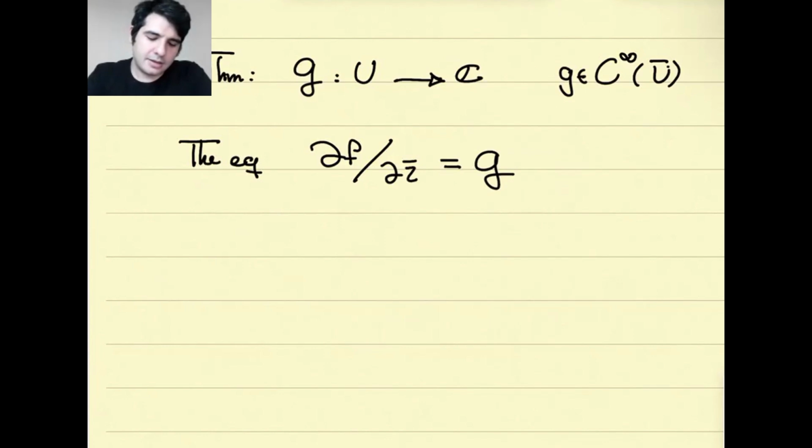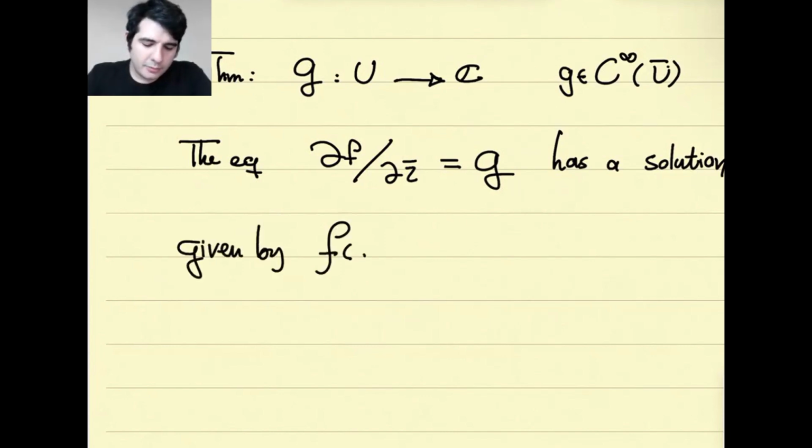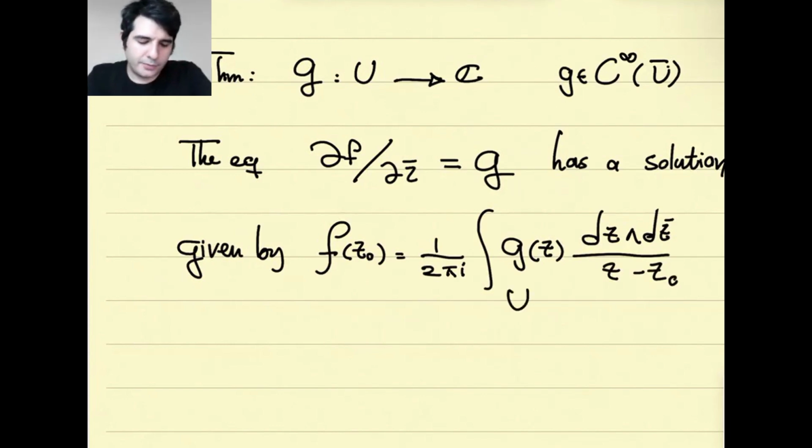The equation derivative of f with respect to z bar equals g has a solution, and we know the solution is unique up to addition of holomorphic functions, given by the formula we learned: 1 over 2 pi i, integral over U of g(z) dz bar over z minus z naught.